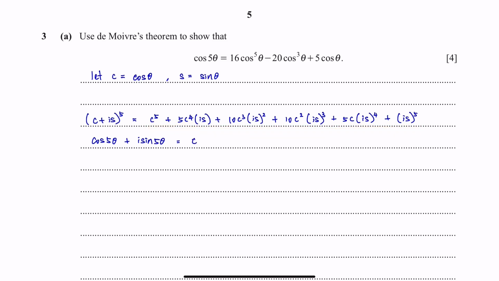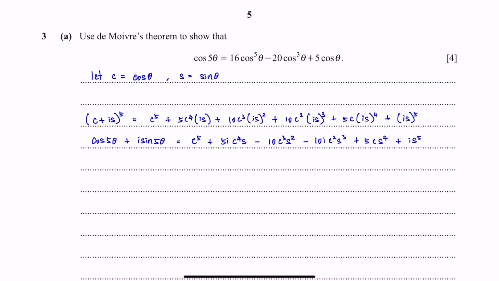So we get c to the 5 plus 5i c to the 4 s minus 10c cubed s squared minus 10i c squared s cubed plus 5c s to the 4 plus i s to the 5.